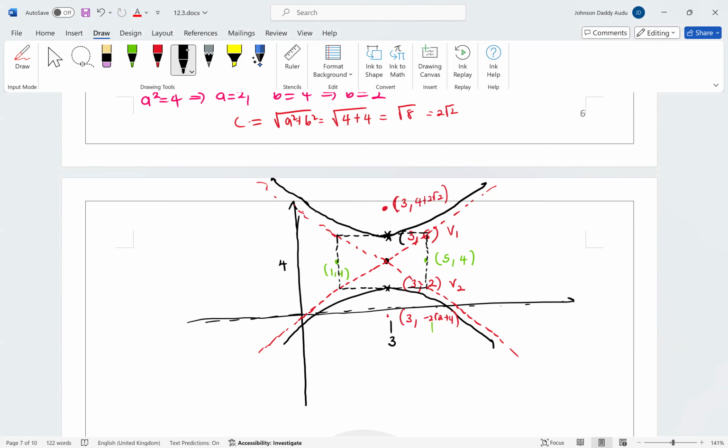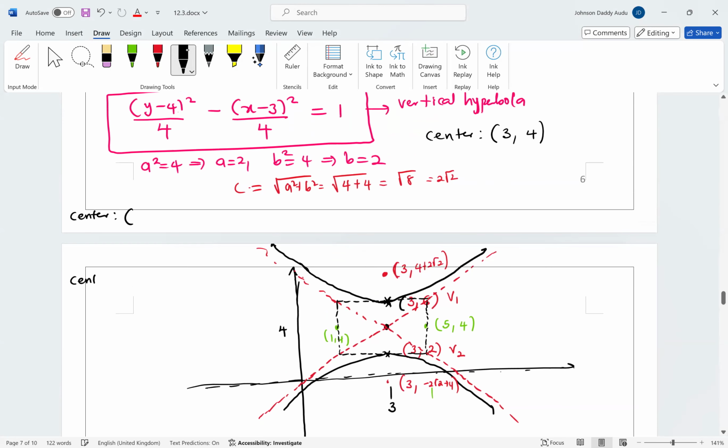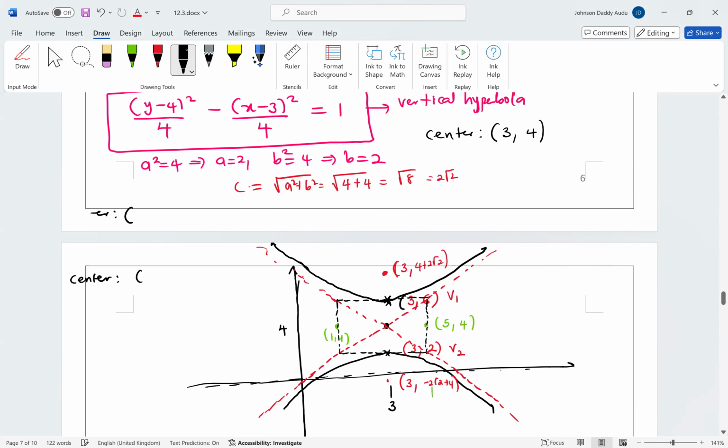All right. So we can just try to write down these things directly here. What is the center first? The center is HK, which is 3 and 4. Now, vertices is going to be H, minus A plus K, and H, A plus K. You can see that we got that here because our H is 3, so 3 is always fixed.